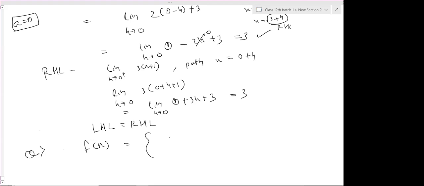f of x equals to 2 minus x for x greater than or equal to 0, and 2 plus x for x less than 0.